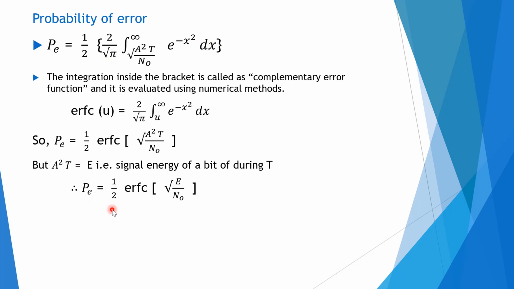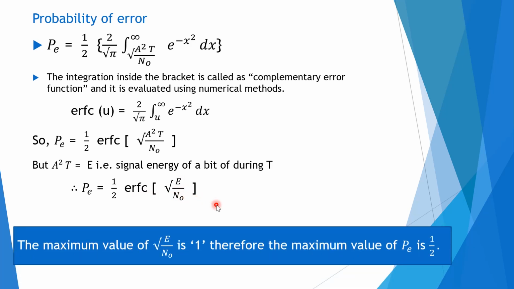Now we can rewrite this and we can replace A square T is equal to E, that is the signal energy of a bit during T. So the error probability of the integrate and dump filter, we can rewrite as 1 by 2 ERFC under root of E by N0. The maximum value of E by N0 is 1. Therefore, the maximum value of P is half.